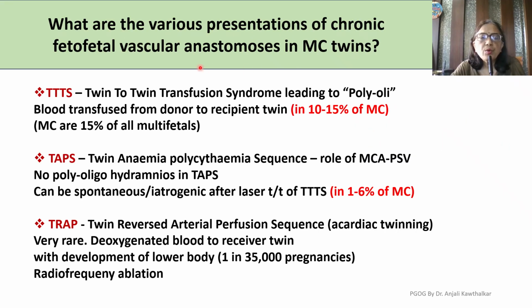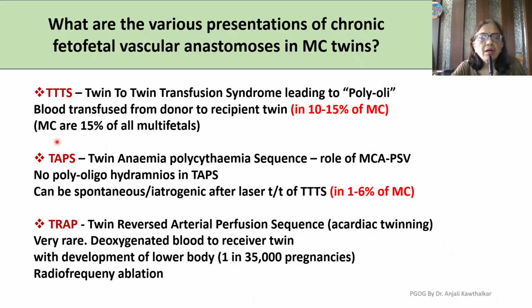Various presentations of chronic fetal vascular anastomosis in monochorionic twins we have already seen in the previous slide, but now in detail. TTTS is twin to twin transfusion syndrome, leading to polyoli. It is called polyoli because there is polyhydramnios and oligohydramnios. Blood is transfused from donor to the recipient twin. It occurs in 10 to 15% of monochorionic twin pregnancies.